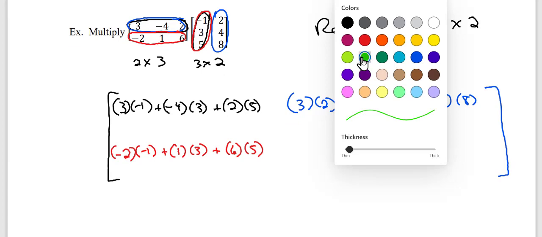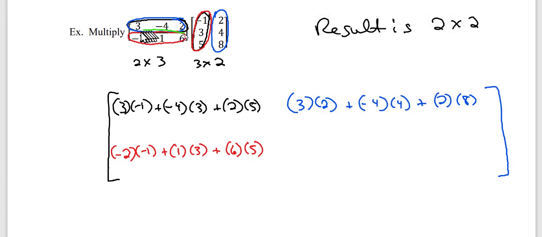Last comes from multiplying the second row in the first matrix by the second column in the second matrix. That gives us our second row, second column position. -2 times 2 plus 1 times 4 plus 6 times 8.